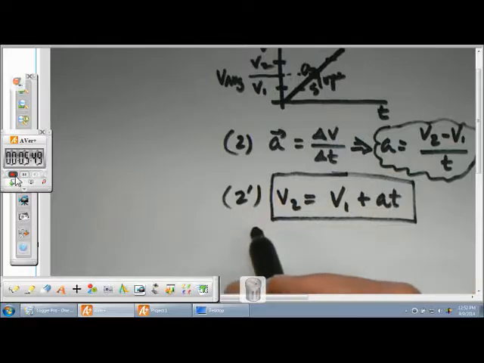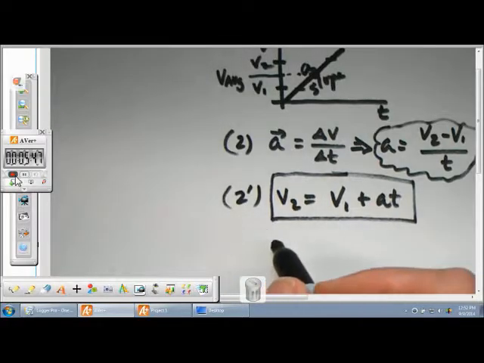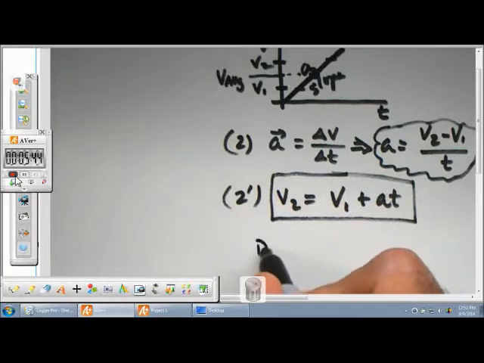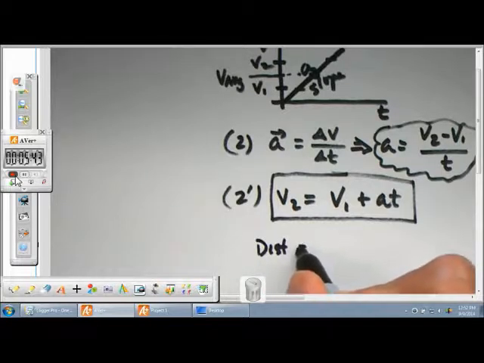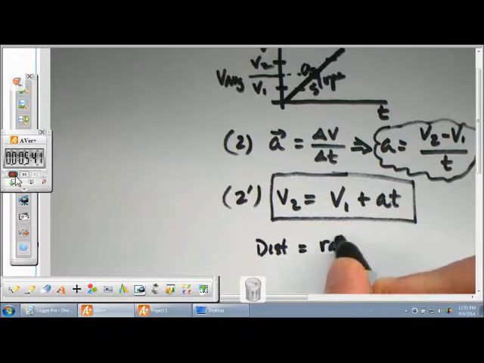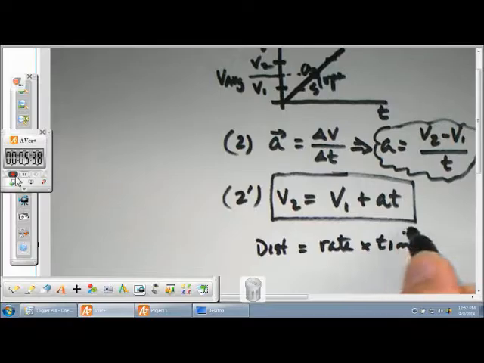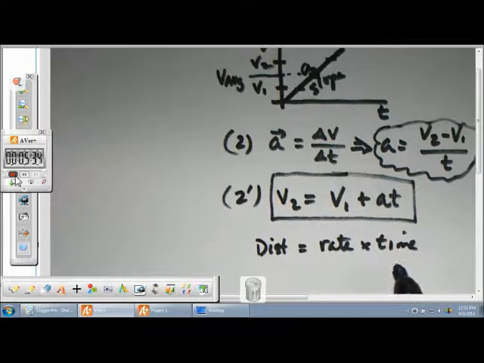Okay, we also remember from elementary school that distance is equal to rate times time. And that's the old classic freight train problem. It's going 50 miles per hour times 10 hours. The distance traveled is 500 miles.